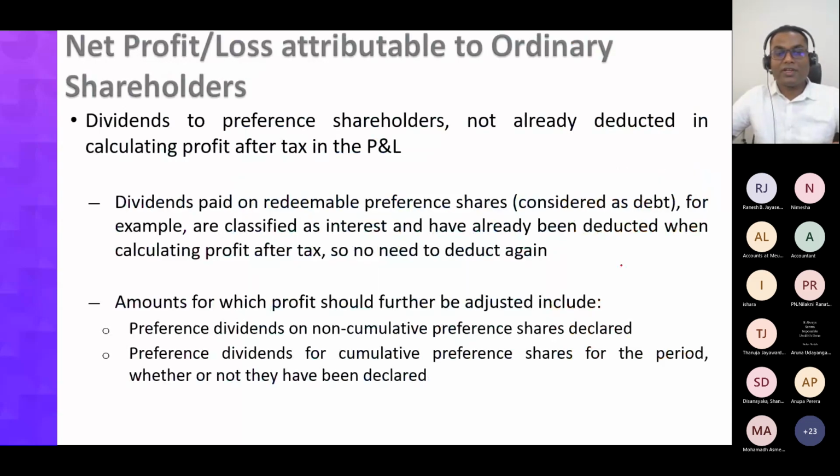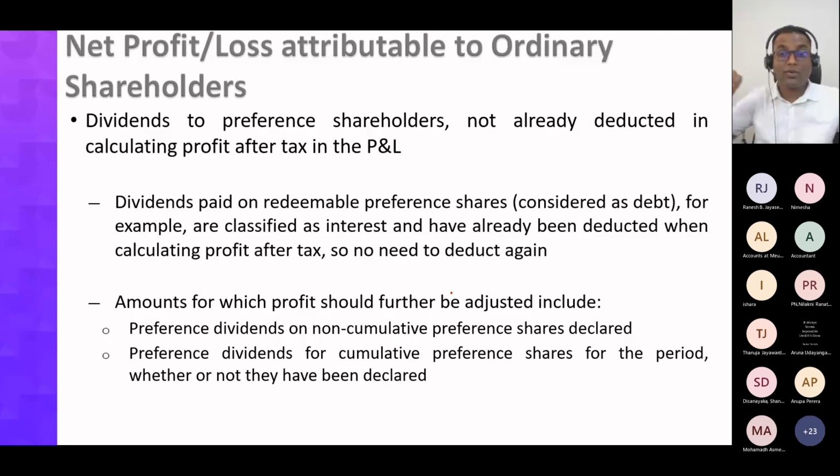When you deduct the preference share dividend separately, you need to understand there can be cumulative preference shares, there can be non-cumulative preference shares. Non-cumulative means if you don't distribute the dividends in a particular year, now in this question, it is 12% preference shares, if it is non-cumulative and not declared in a particular year, the company is not going to declare that subsequently.